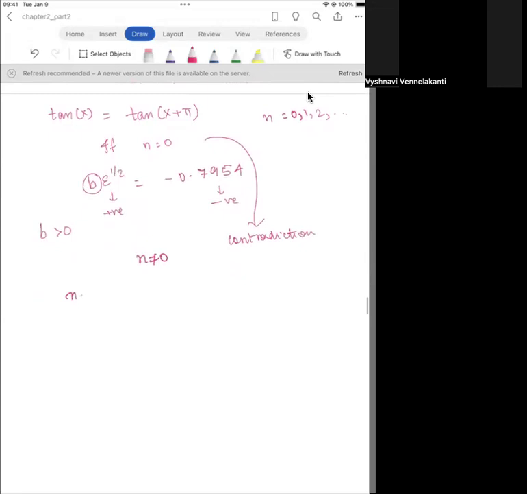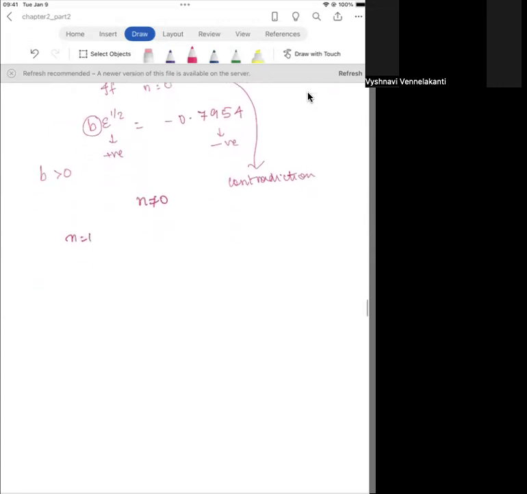Now let's try n equals 1. That gives you negative 0.7954 plus pi, divided by the square root of epsilon. Epsilon is 0.15, so the square root of that is 0.3879. We don't need so many digits.